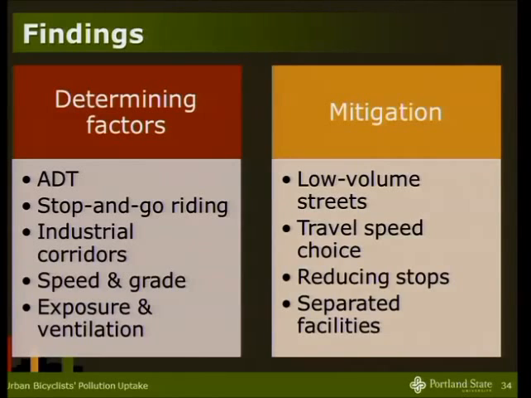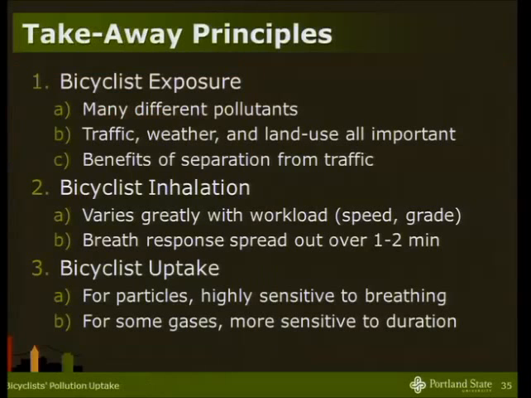And those quantifications led to specific mitigation strategies such as bicycle routing along low-volume streets, making certain travel speed choices to minimize inhalation doses, reducing stops, and the benefits of separated facilities for bicyclists as well.